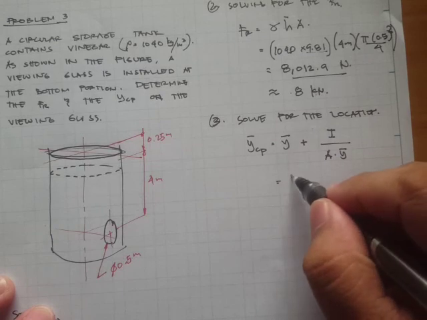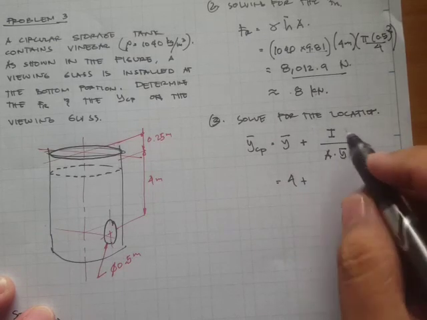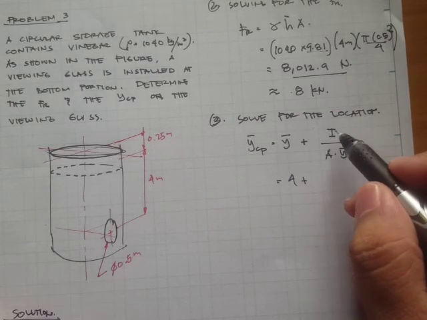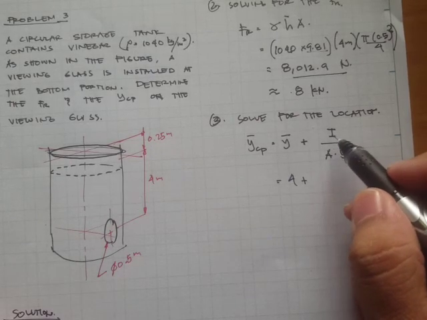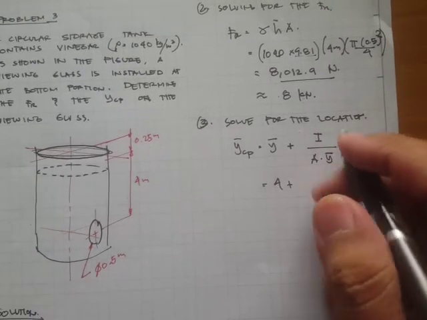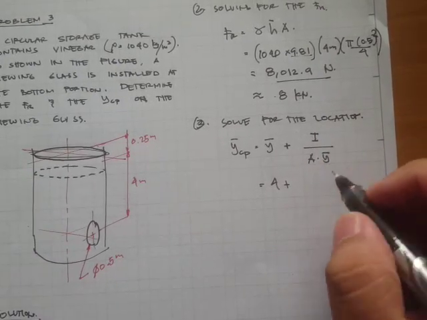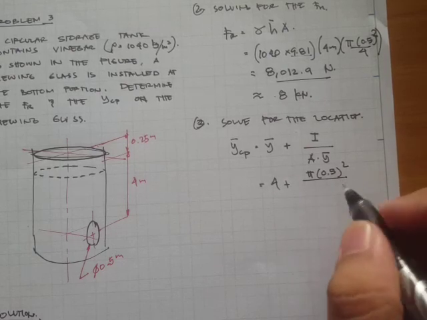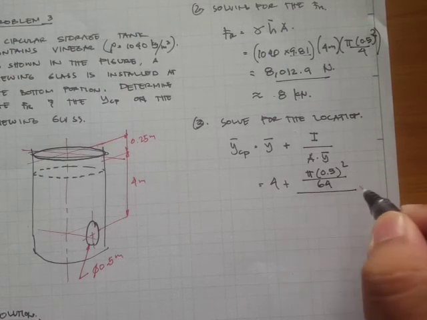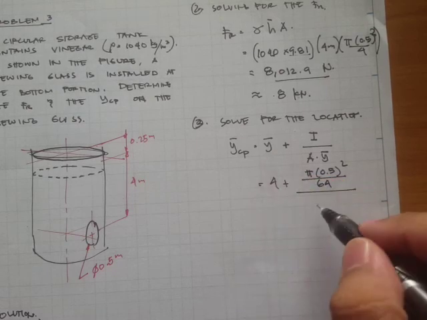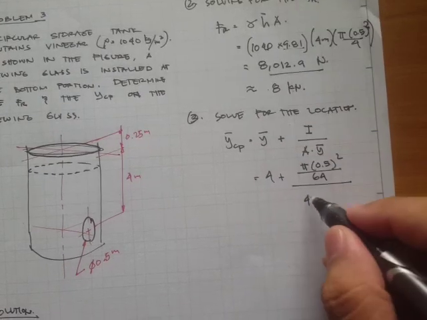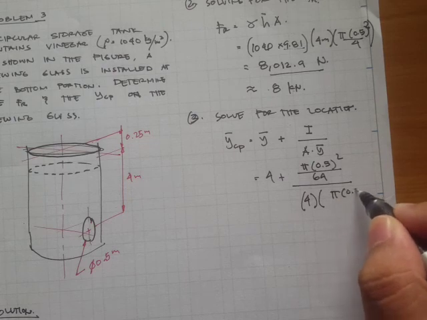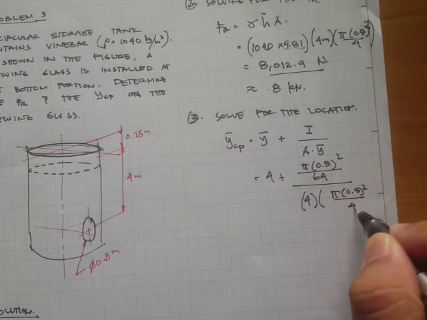So this one is 4 plus the area moment of inertia, which can be taken from the tables, and we have our equation pi d to the fourth over 64, all over y bar times the area, which is pi d squared all over 4.